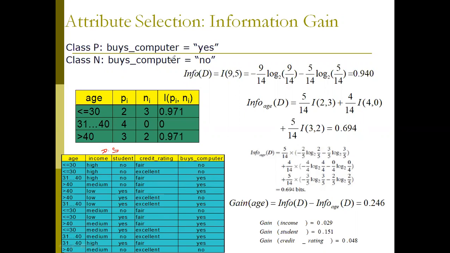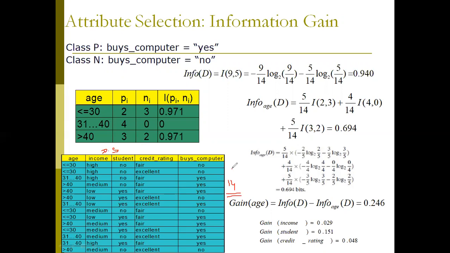How many records are there within this table? 14 records are there. Out of these 14 records, how many records are labeled with yes? How many records are labeled with no?